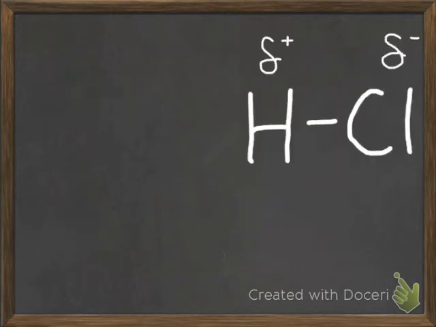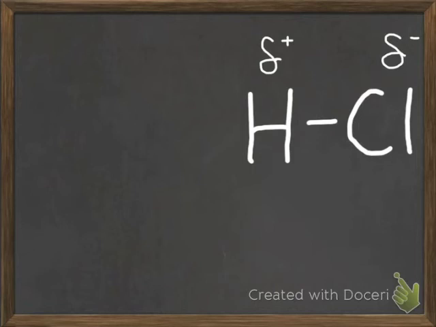So let's look at hydrogen and chlorine again. Those little symbols up above the H and the Cl just mean partial positive and partial negative charge. We've already done the difference in electronegativities for hydrogen and chlorine previously in the video, and that difference was 3 minus 2.1, so 0.9.